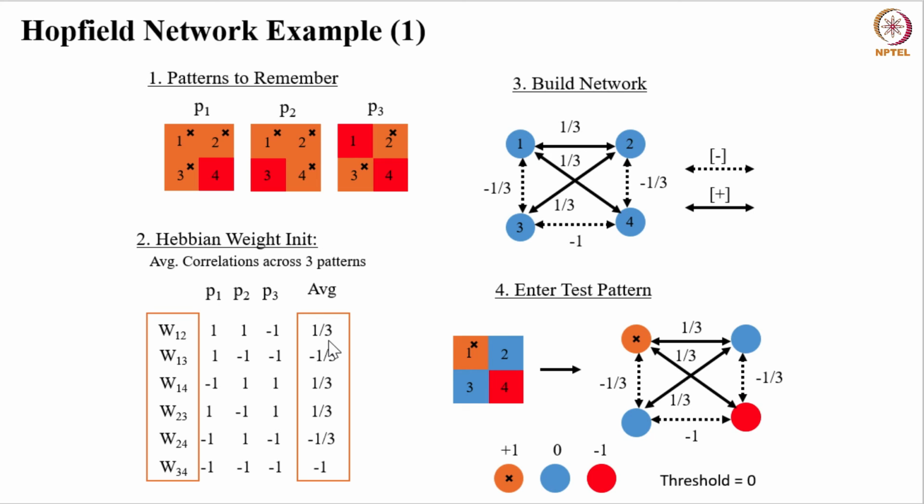It's not interesting what's in the diagonal, because it's actually the relation from a node to itself. And according to the Hopfield model, there is no direct cycle. It's only indirect cycles in a Hopfield model.